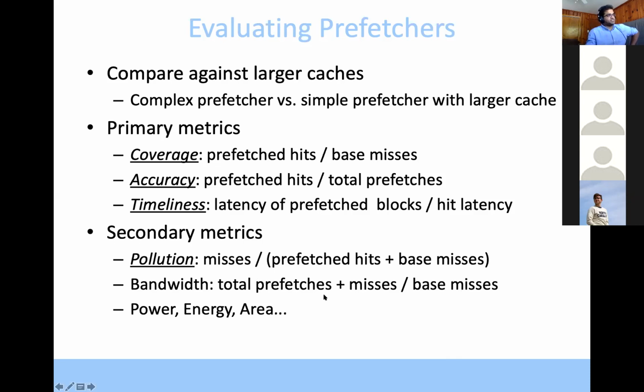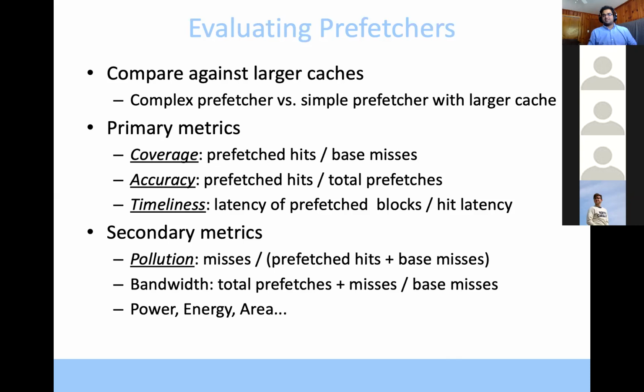And then there are other secondary metrics, like how much are you polluting the cache? Are you just fetching stuff that's never going to be used and throwing away useful things that could have been used? How much of the total bandwidth are you using? Is the prefetcher out of control, bringing in stuff that nobody needs?